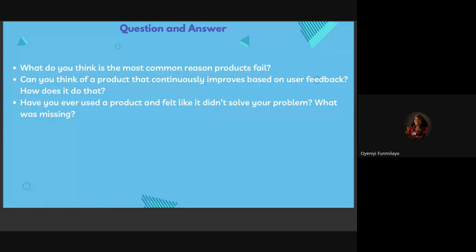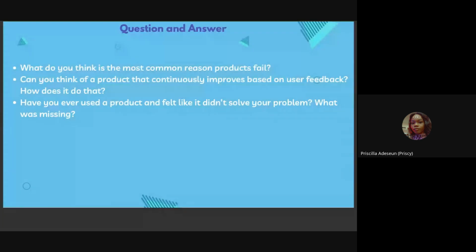Do you get? Then the next question was, can you think of a product that continuously improves based on user feedback, and how do they do that? Priscilla. I think the most common one is WhatsApp, because it's very obvious that they are really trying to improve their app.